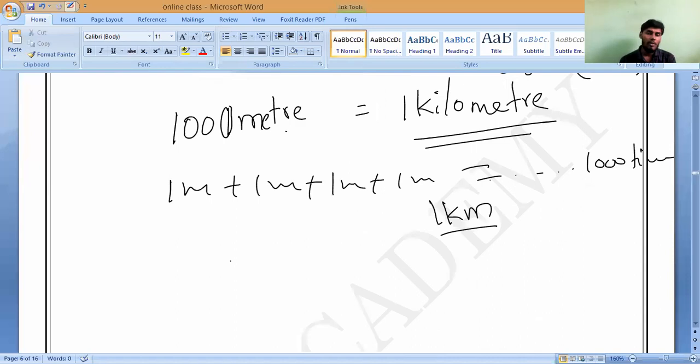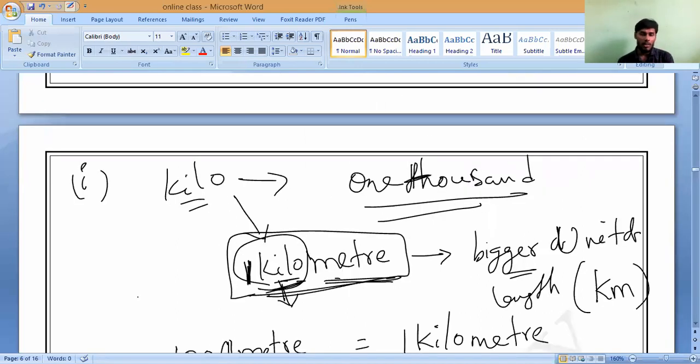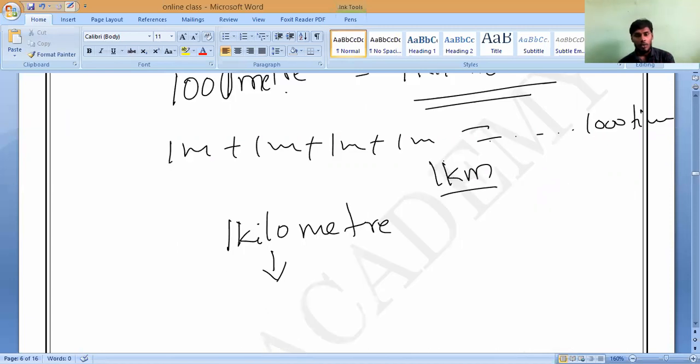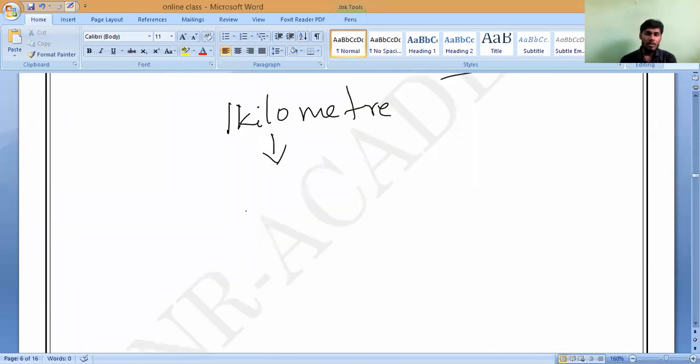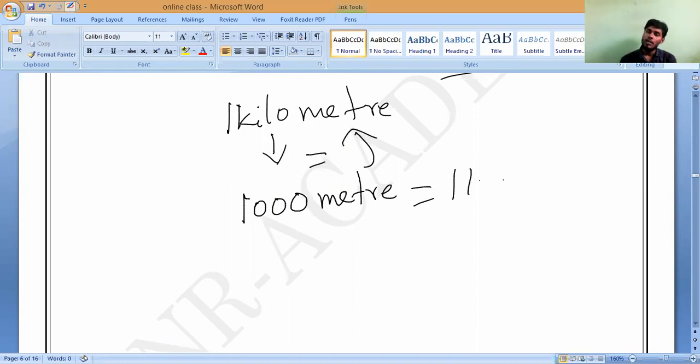If I add kilometer, then 1 kilo equals to how much? 1000. Correct or not? In place of kilo, I will keep 1000. In place of meter, 1000 only. Meters. 1000 meters is equal to how much? 1 kilometer.